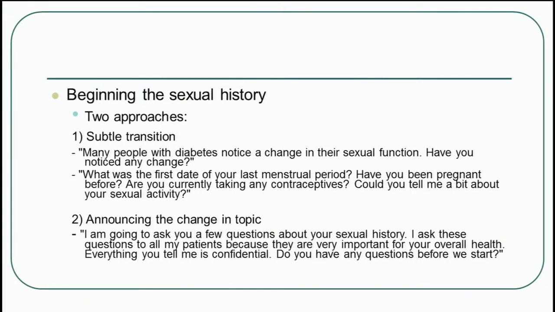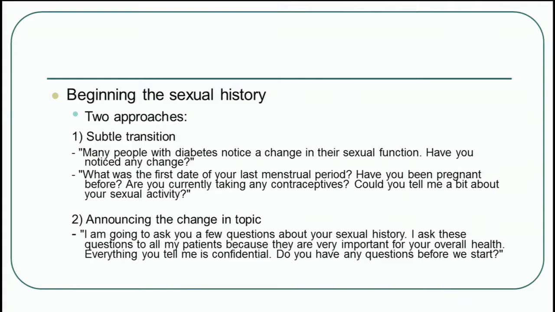So, beginning the sexual history, there's no right or wrong way to go about this, but essentially there are two approaches, both with their pros and cons, and perhaps one may be more appropriate depending on the patient, the physician, the setting, and the complaint. The first of these two approaches is the subtle transition.